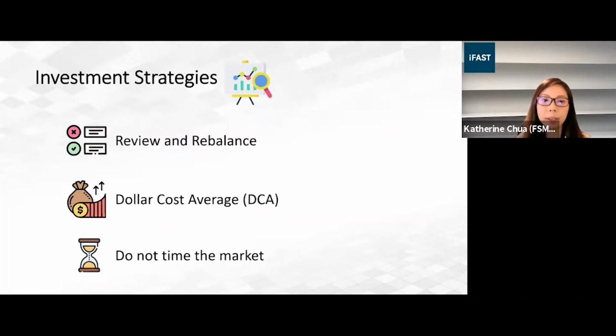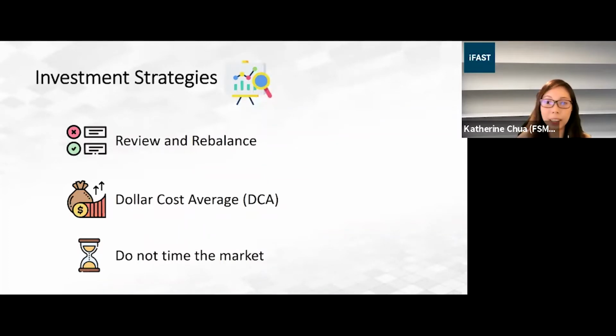Deploying the money periodically also helps remove emotional stress and smoothens out the returns in the longer run. In this way, you can be sure that you will never be invested only at the peak.